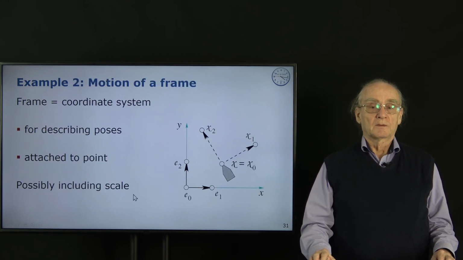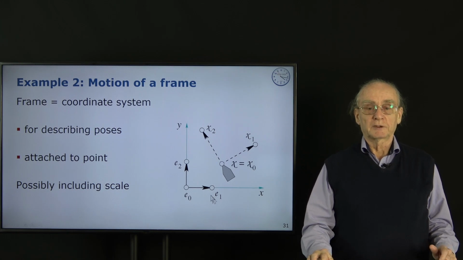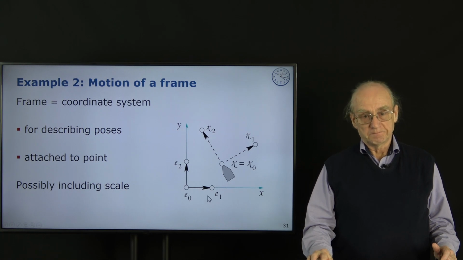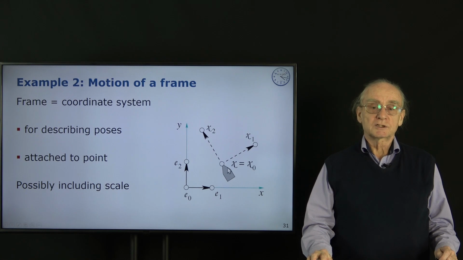So what is this all useful? We want to use these transformations for describing poses. We have here an object, let's say a car with the coordinate system here, and we want to know where is this car in this coordinate system. And we always assume that a point, sometimes you don't need it, but here it's very useful, has a coordinate attached to it.